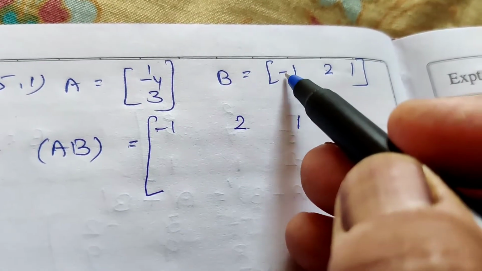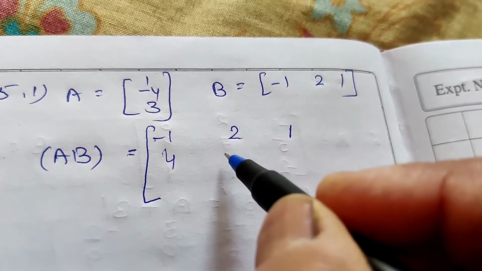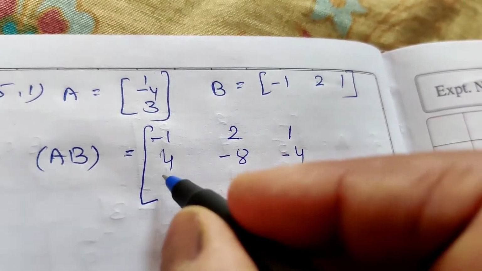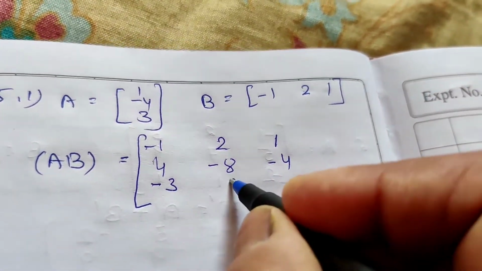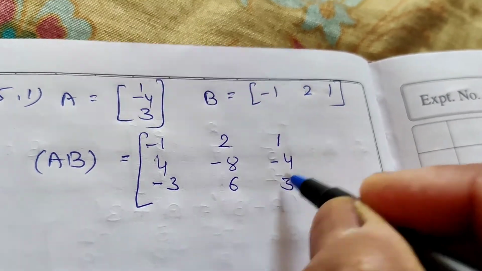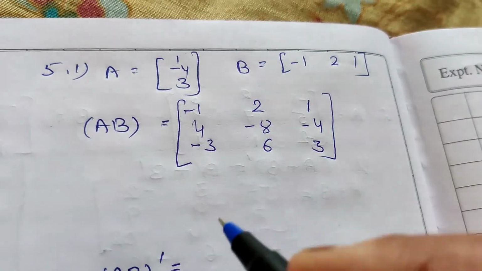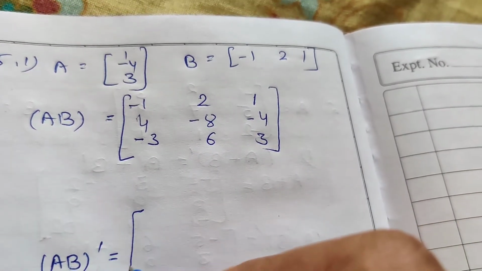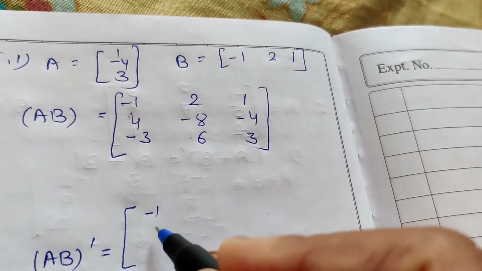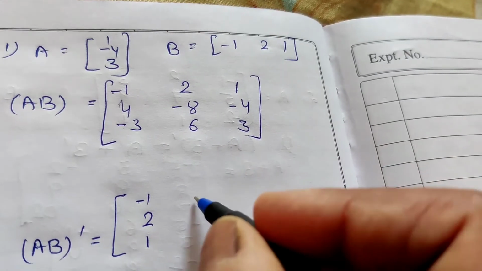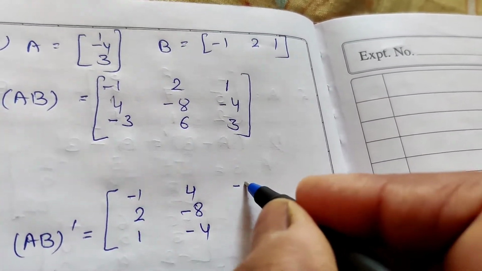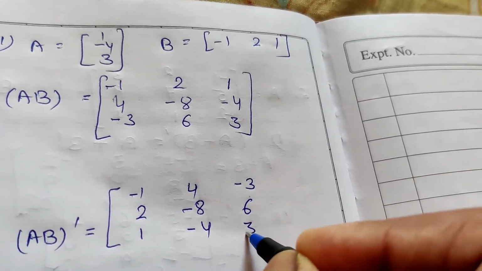Minus 4, minus 1, 4. Minus 8, minus 4. And 3, minus 3, 6, 3. This is the AB. And the transpose of AB is, just convert: minus 1, 2, 1, 4, minus 8, minus 4, minus 3, 6, 3.